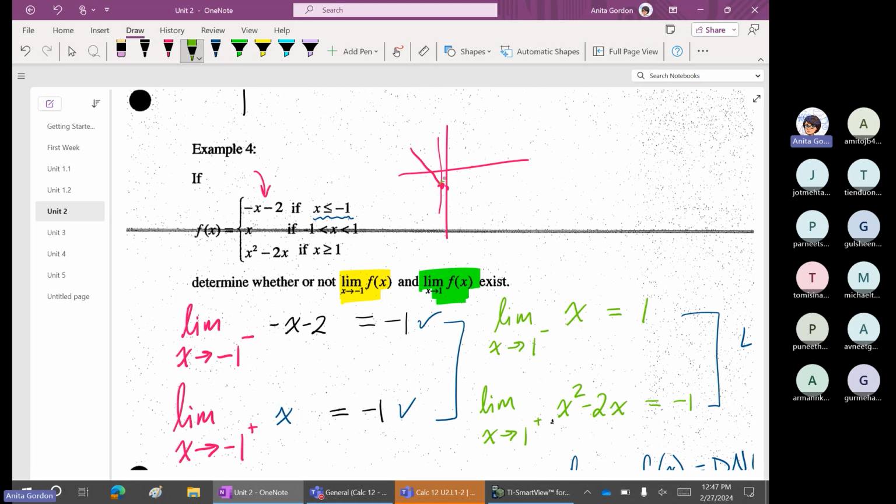So there's a circle like this. And then the third equation, x² minus 2x, has something like this. So when I'm interested in what is the limit at -1, only those two are important. The third one, the restriction is that it's greater than 1. So it doesn't affect the graph at the point -1.